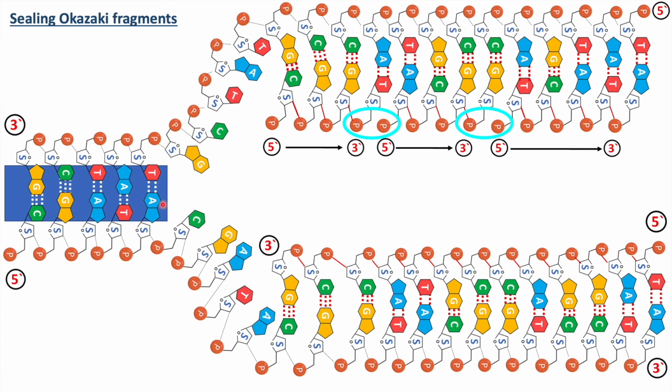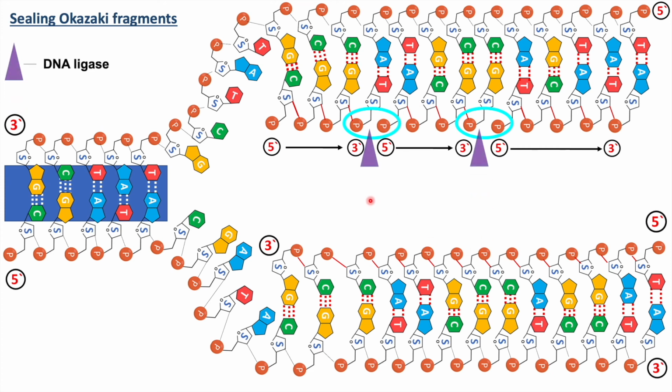Now lastly, we still have these Okazaki fragments, which are still fragments, and these strands are still not connected. If they are not connected, the formation of the new strand is still not completed. So there is one last enzyme which comes and plays an important role, that is called DNA ligase.